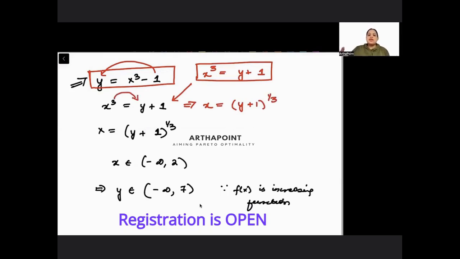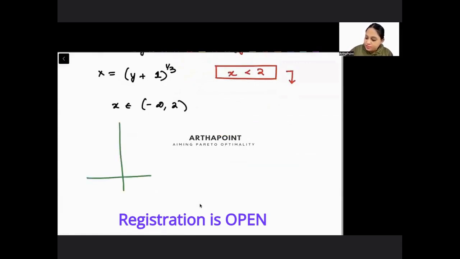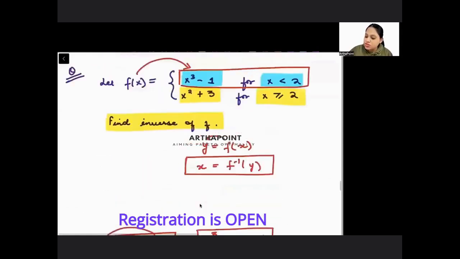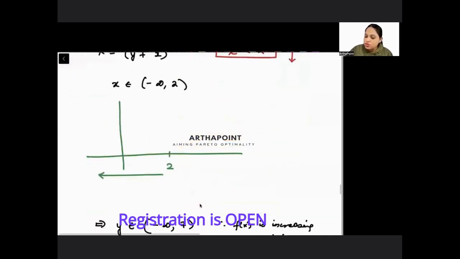Now, please see this. This is very, very important. जब हमने बोला that x is less than 2, so we need to find the corresponding y. हमें ये भी तो निकालना होगा कि अगर x less than 2 है, what will be the value of y?